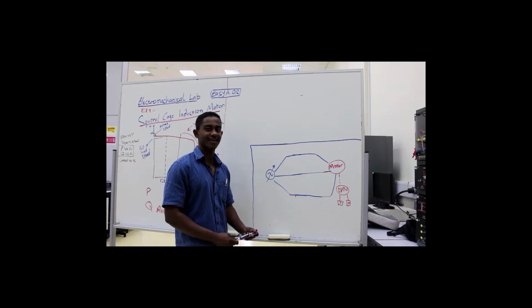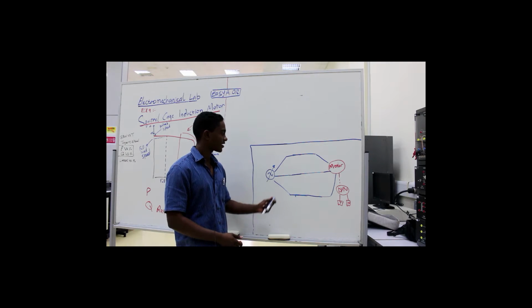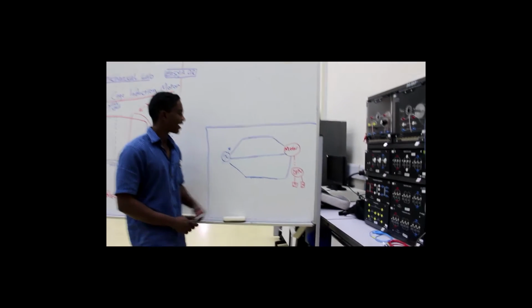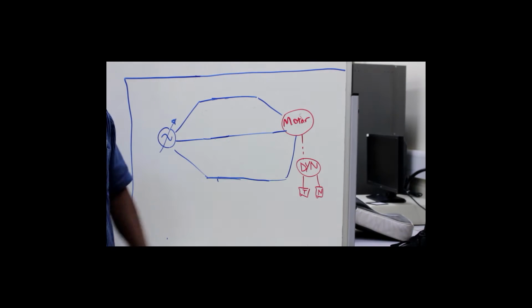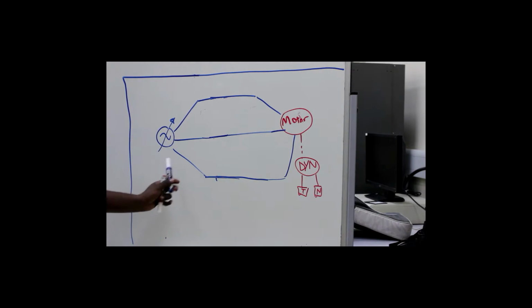Now we're going to connect the circuit. As you can see here, we have the three-phase voltage source AC, and we have our motor, our squirrel cage motor. We're going to connect the three phases to the three windings of the motor.